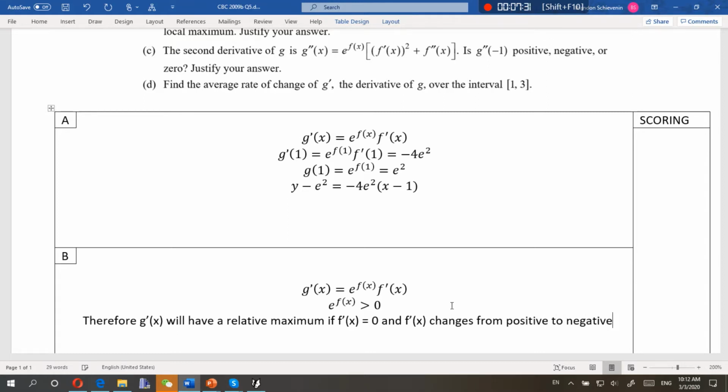It's a local maximum if f prime x changes from positive to negative, and he told me that happens only at x equals -1.